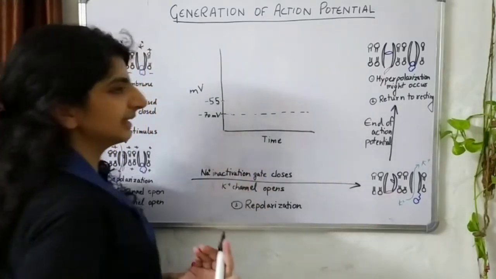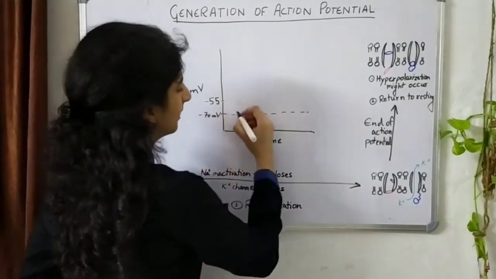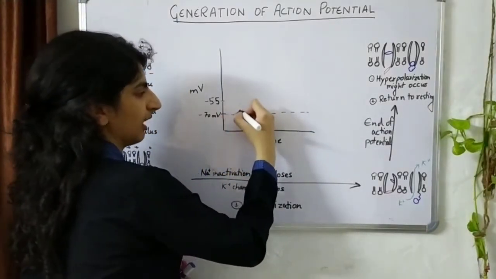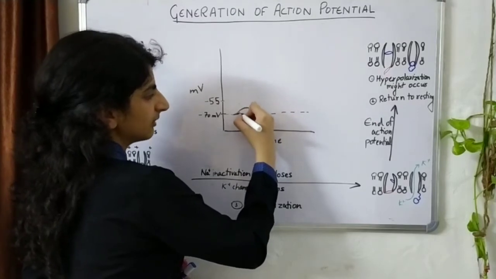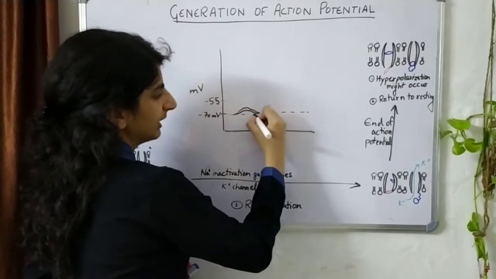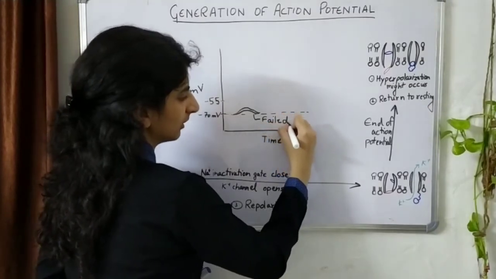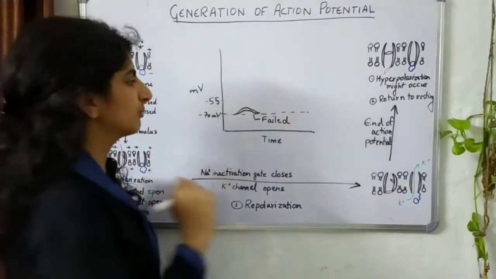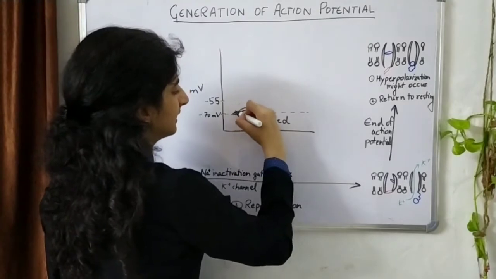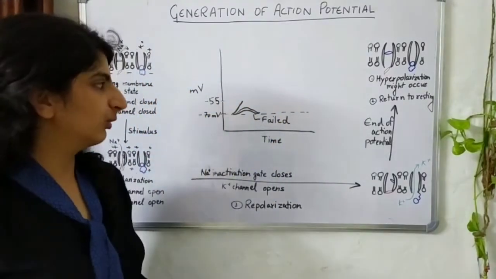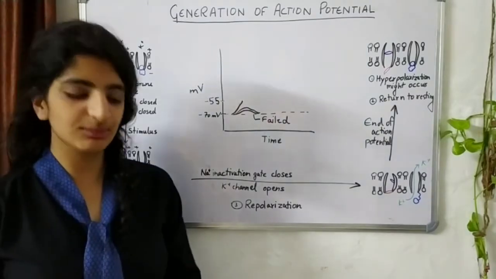So if, say, there is some stimulus that depolarizes the membrane but not up to this mark, these will all be failed. However, if a stimulus strong enough arrives that takes this membrane potential to minus 55 millivolts, the action potential will be generated.